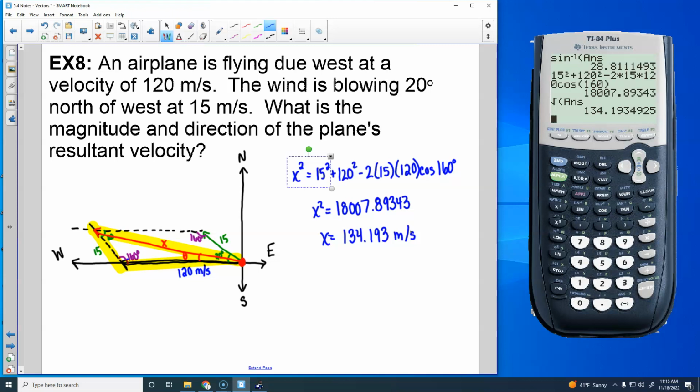Okay, any questions on the magnitude or the setup so far? We still need to find direction.